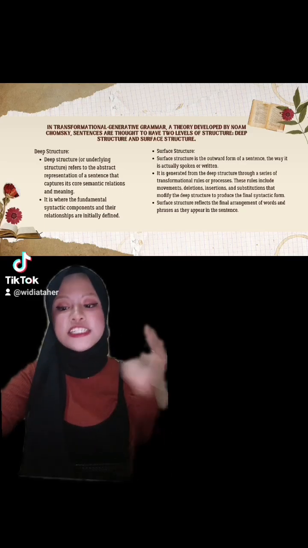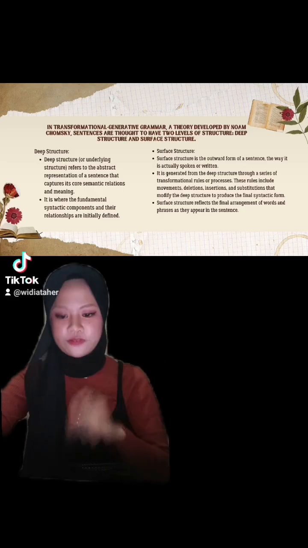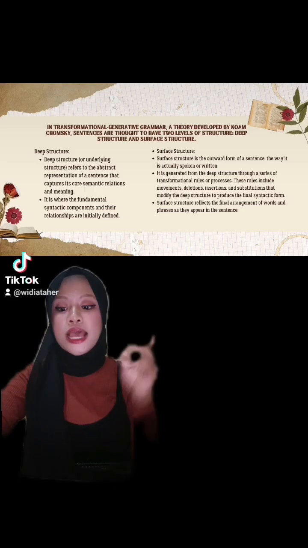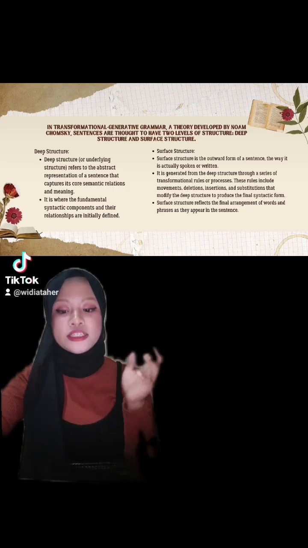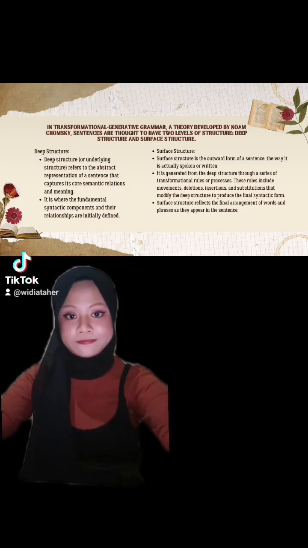Surface structure explains why sentences with the same meaning can look different. It is important in linguistics because it helps us understand how language is formed and processed in communication.